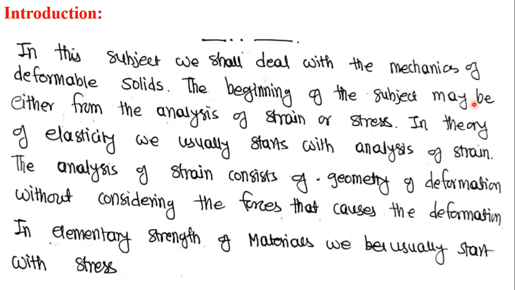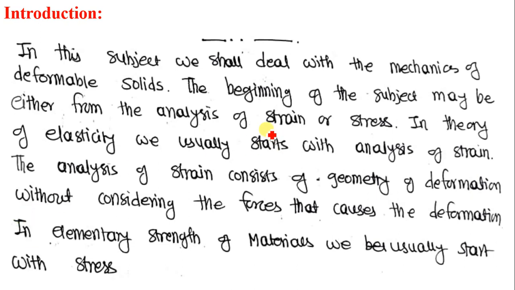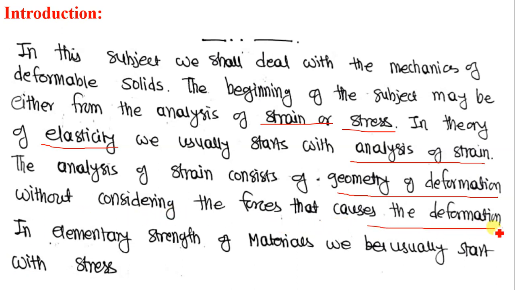The beginning of the subject may be either from the analysis of strain or analysis of stress. In theory of elasticity, we usually start with analysis of strain, and the analysis of strain consists of the geometry of deformation without considering the forces that cause the deformation.